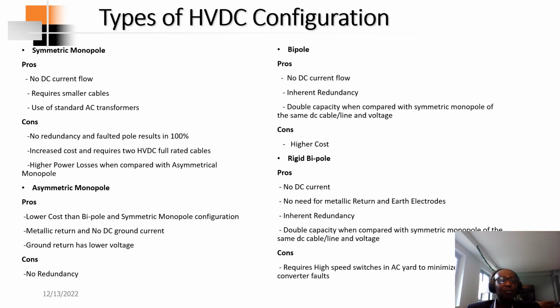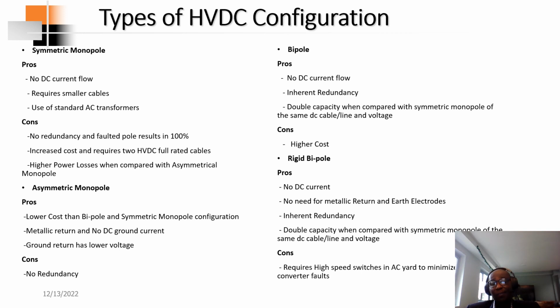It requires smaller cables, and it utilizes standard AC transformers, which can be very convenient and much cheaper compared to converter transformers. Because for converter transformers, the insulation systems have to be designed for AC and DC bias, which introduces additional cost. But the disadvantage, or the con, is that there's no redundancy.